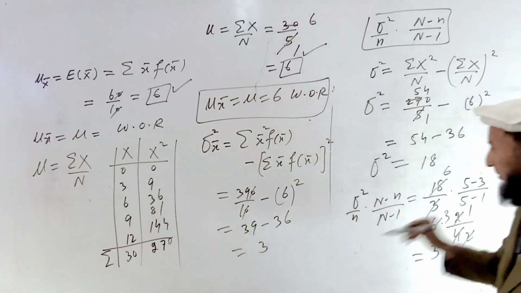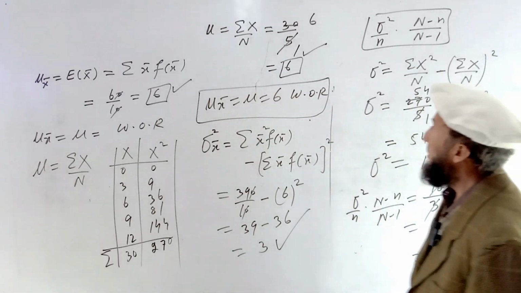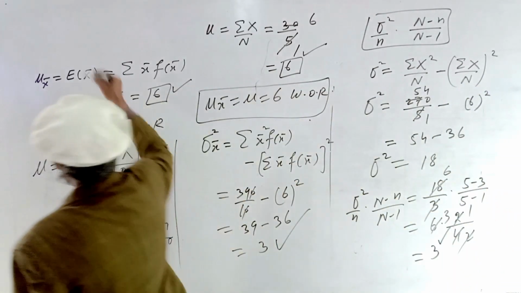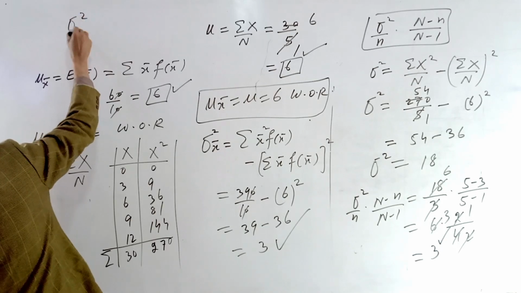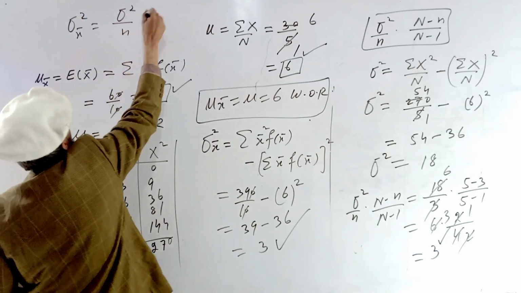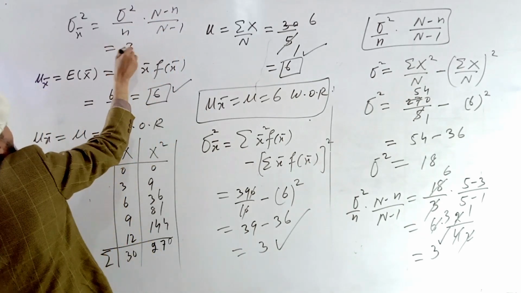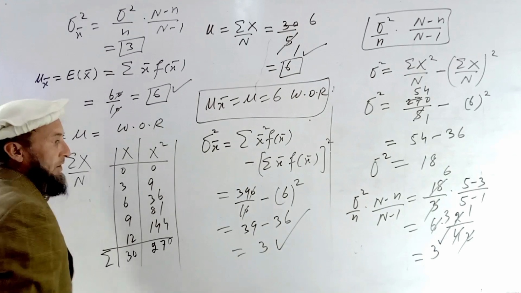So both results are the same. So we have verified that sigma square of x bar is equal to sigma square divided by n times N minus n divided by N minus 1, which is equal to 3.